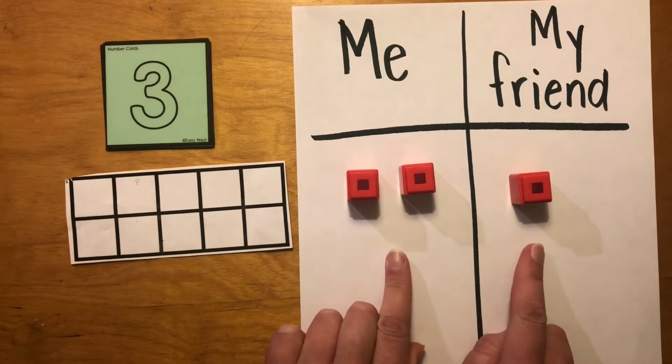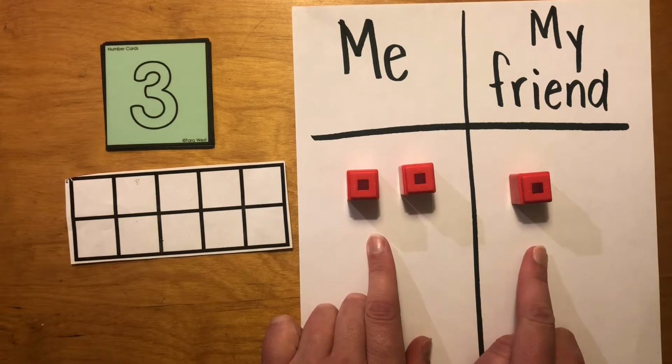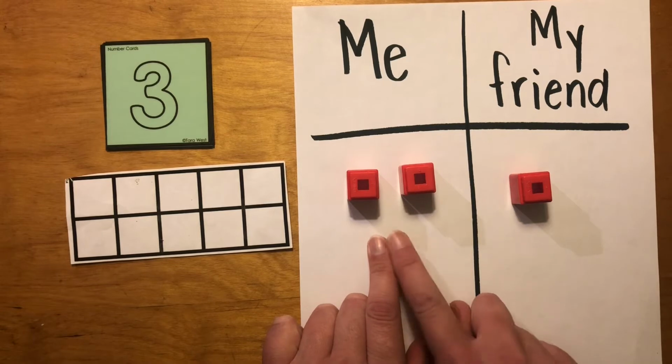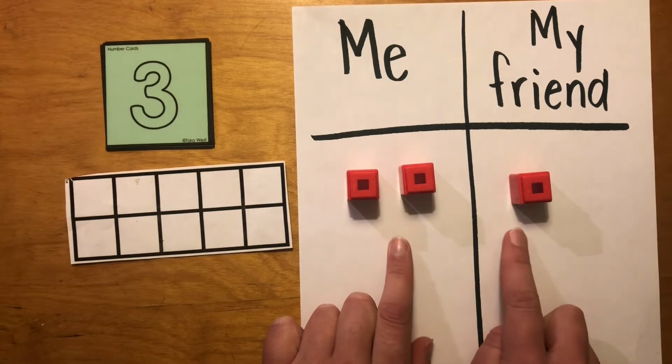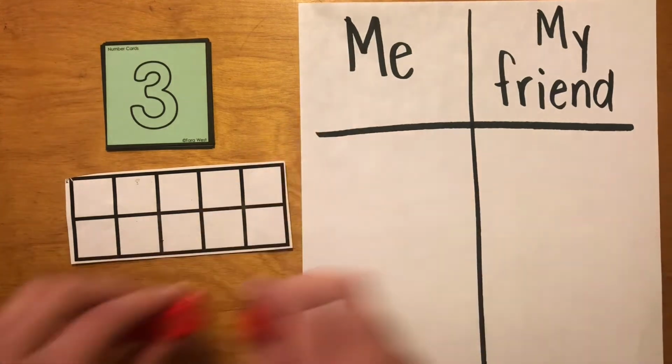Do we have the same amount? No. 2 for me, and only 1 for my friend. So I have more. 2 and 1 make 3, but we don't have the same. So this number is, do you remember that word? 3 is odd because we have different amounts.